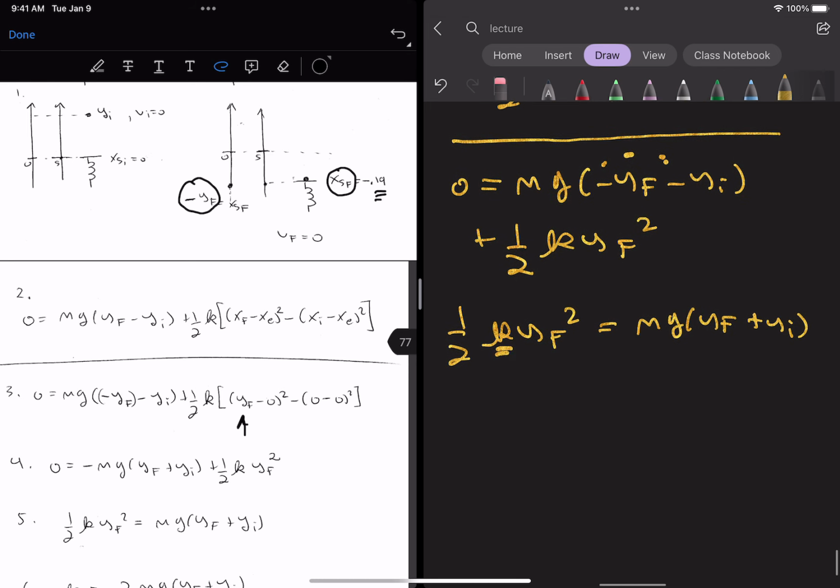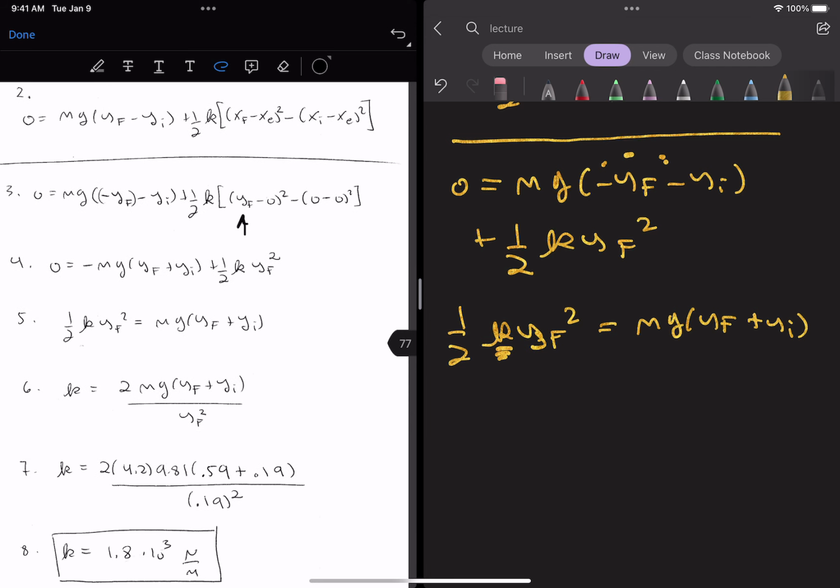We want to get k by itself, so move the other terms around, and you get that the stiffness of the spring equals mass times gravity times y final plus y initial, divided by one half the final position of the spring squared.